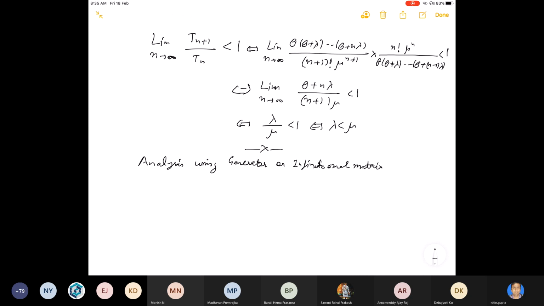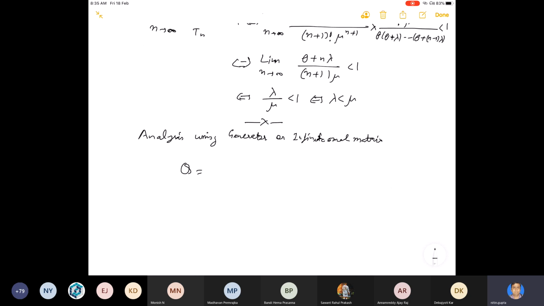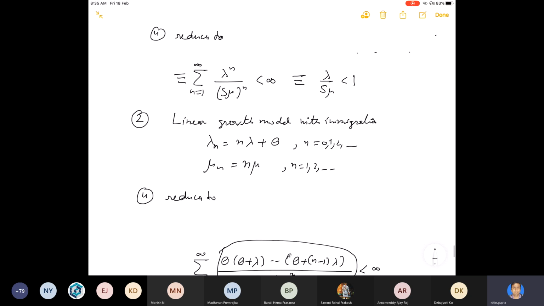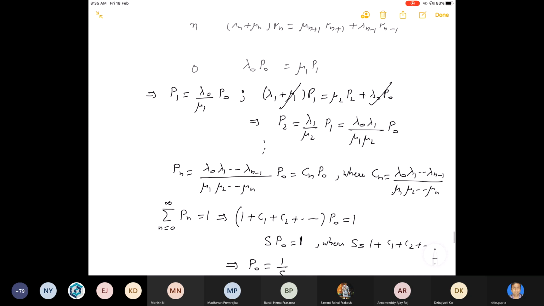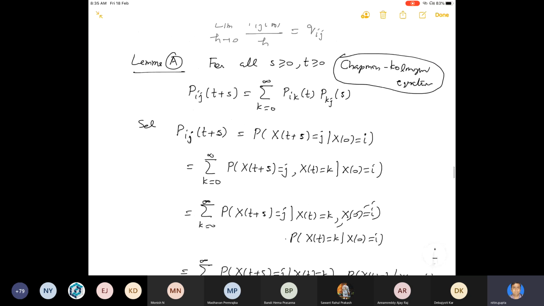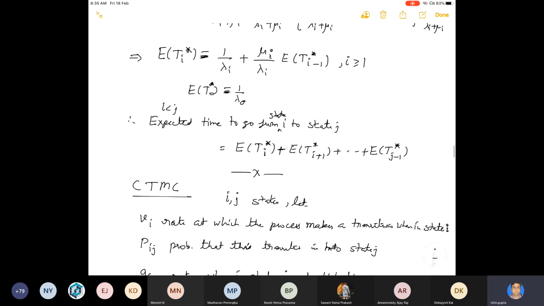So the generator is defined as, because the parameters are Vi and Qij for the continuous time Markov chain and Pij. So for a continuous time Markov chain, Vi is the rate at which the process makes a transition when in state i, and Pij is the probability that this transition is into state j.